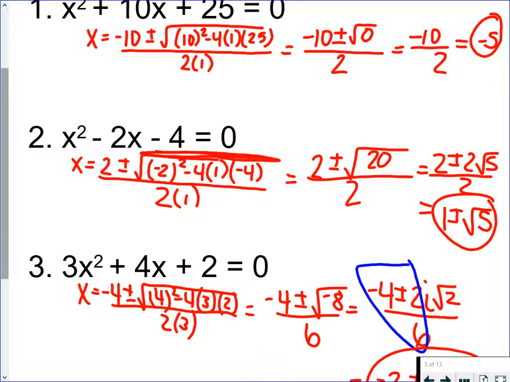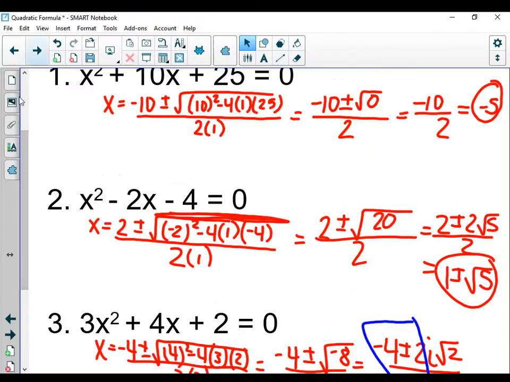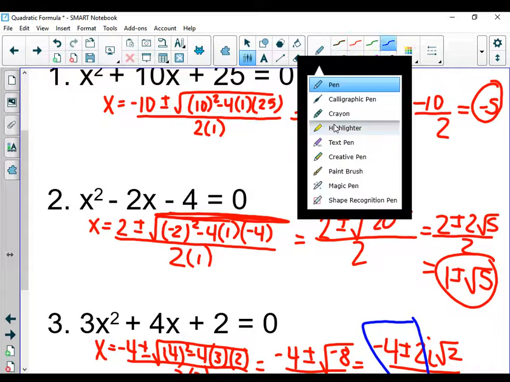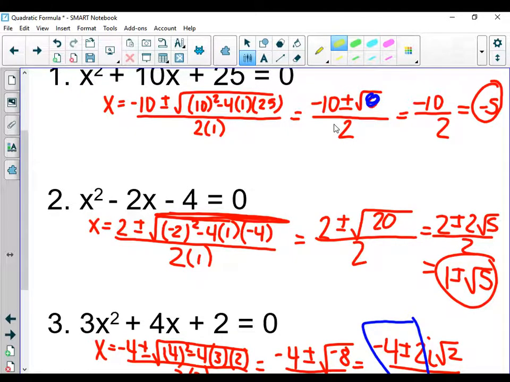The discriminant, and it's on the next slide, is b squared minus 4ac. What is going to determine how many and what type of solutions you're going to have is just what's under the square root. So if you end up with just 0 inside the radical, notice how we ended up with just 1 real answer.